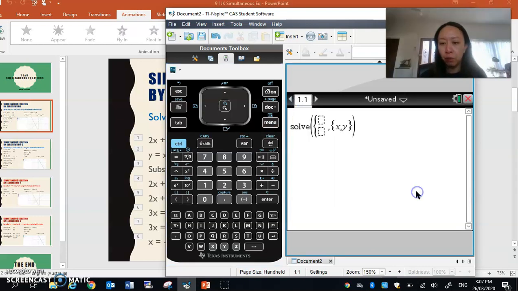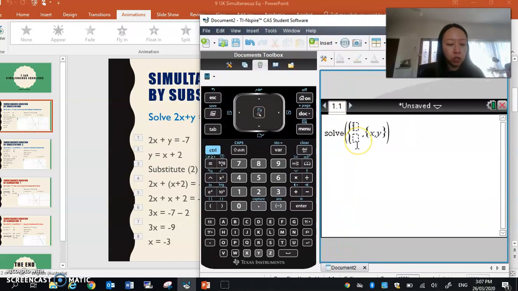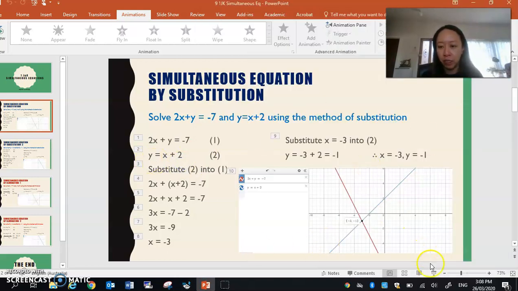If we press OK, the first one is 2x plus y equals negative 7, and the second equation is y equals x plus 2. If we solve this, we can see that x has a value of negative 3 and y has a value of negative 1, similar to solving it this way.